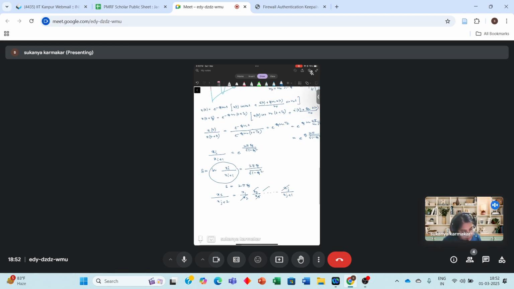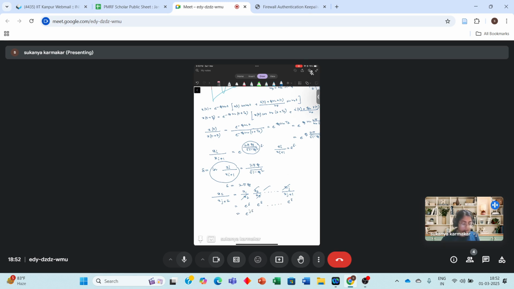Now this term, let me write it here. I am referring to this as delta. So xi by xi plus 1 is e to the power delta. So x1 by x2 is e to the power delta, x2 by x3 is e to the power delta, and how many e to the power delta do I have? j times, because there are j cycles.